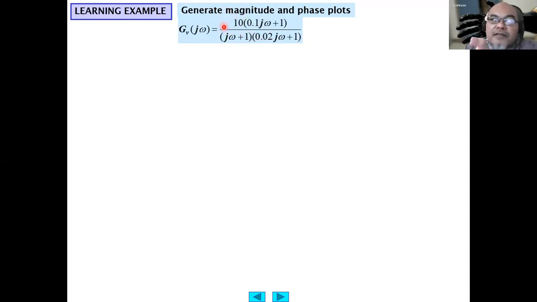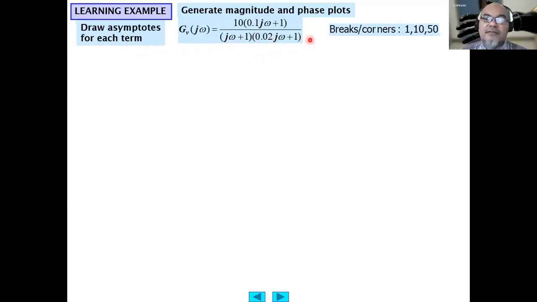So this becomes 20 log 10 later as the constant magnitude. This is the first 0, normal 0. And then the pole has 2, a simple pole, at minus 1 as well as at minus 1 over 0.02. So draw the asymptotes for each of the term.